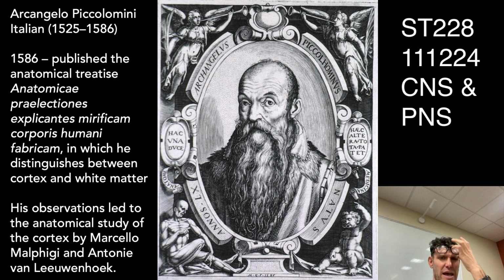He was able to say clearly, and this is at a point where human dissection is becoming acceptable, and his description in his Anatomicae laid the groundwork for Malpighi and the work of van Leeuwenhoek that came after him.